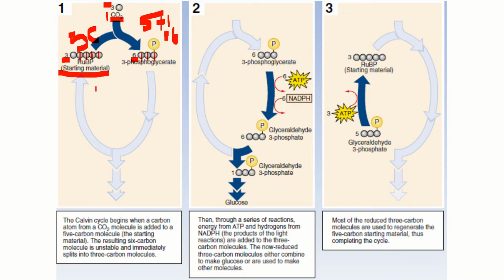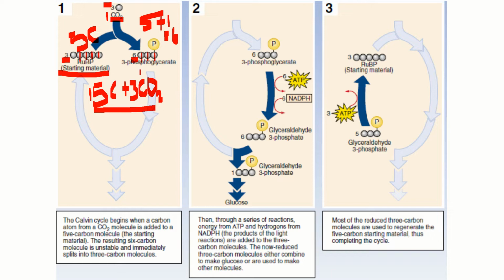So 15 plus 3 is equal to 18 carbons, and here you have 3-phosphoglycerate, 6 molecules, 3 into 6 is equal to 18. So the number of carbons is balanced. 3-phosphoglycerate is produced, 6 such molecules, and all the 6 molecules together contain 18 carbon atoms.